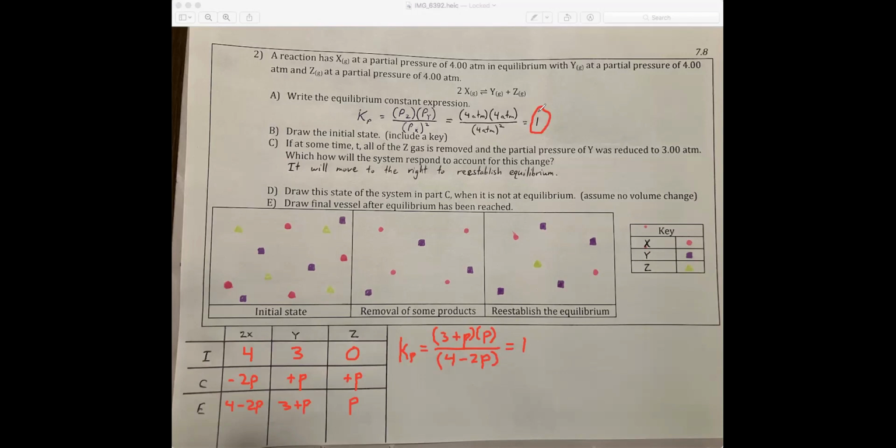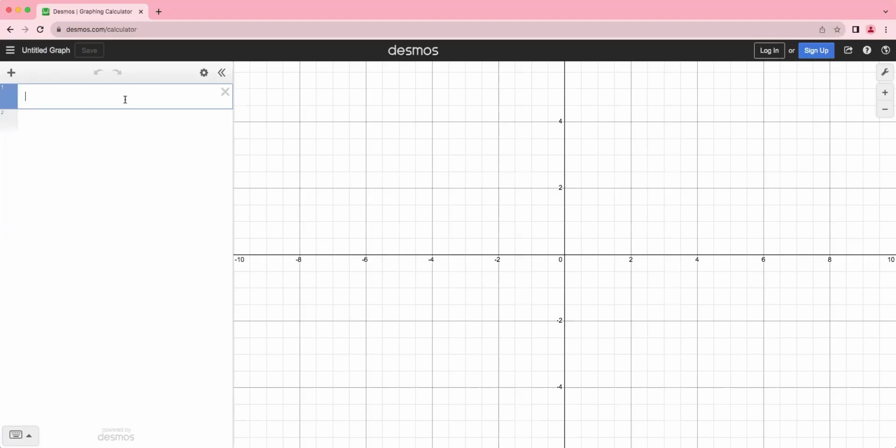Okay, so take a moment to copy that down, pause if you need, and then I'm going to put this in the grapher. Write that down myself first. Oh, forgot something. It's going to be squared because of the coefficient there. Let me bring up the grapher. Okay.